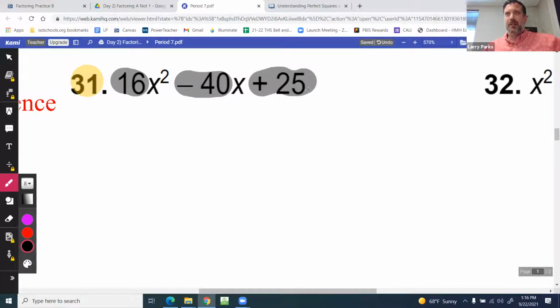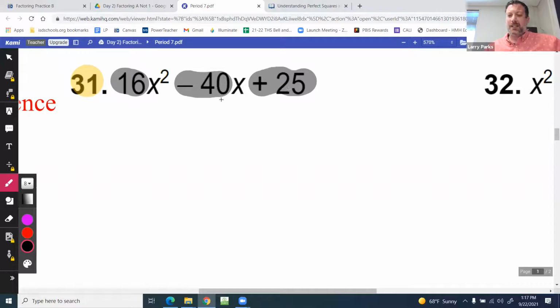The next largest number that goes into 25 is 5. 5 goes into 40, that's 5 times 8. 5 goes into 25, that's 5 times 5. But 5 does not go into 16. It's like 3 point something. So I tried 25, I tried 5. The only other factor of 25 is 1, which we don't usually care about.